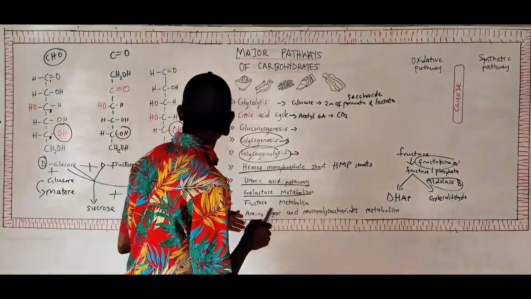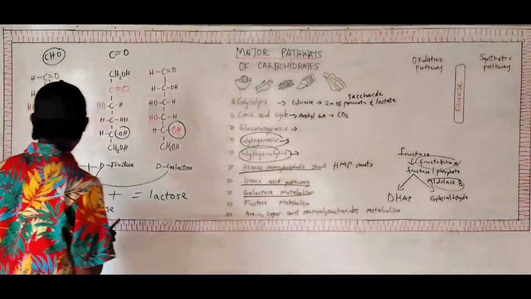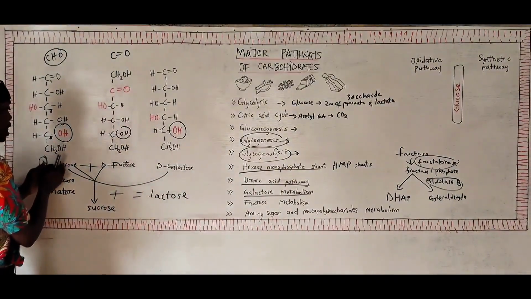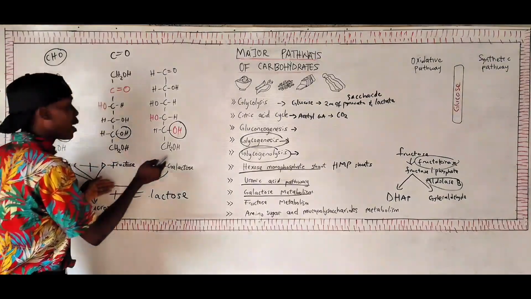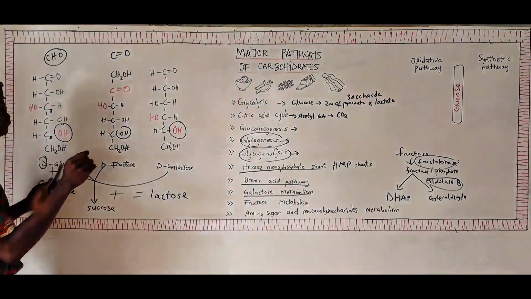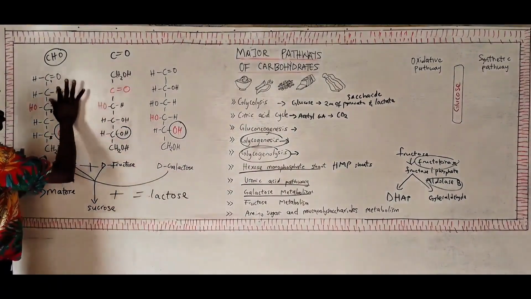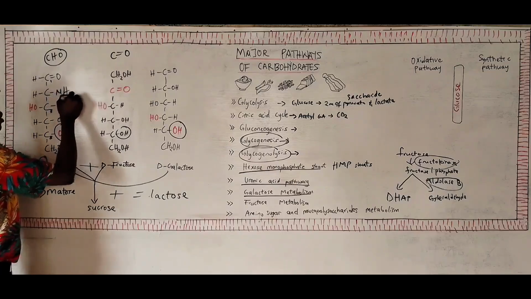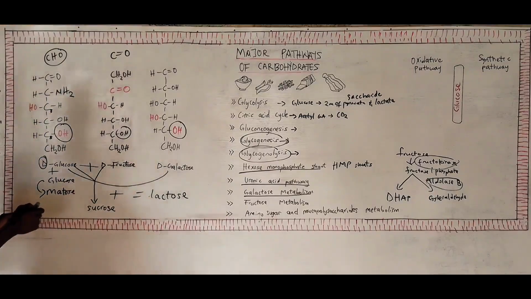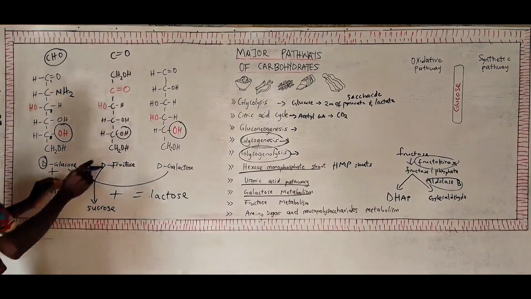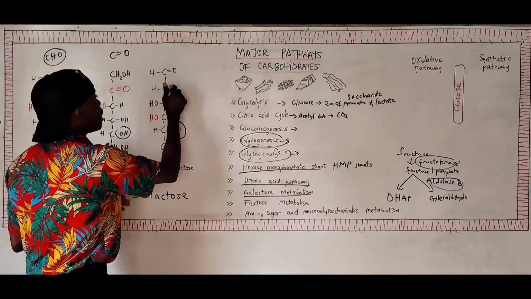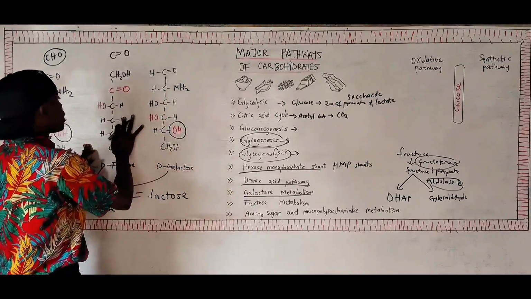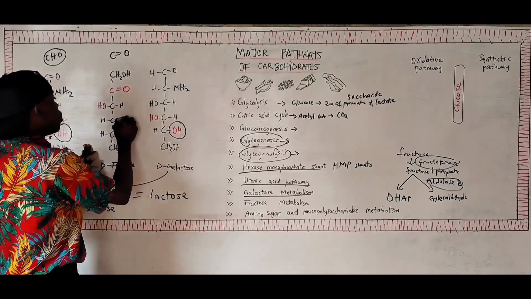So look at it. An amino sugar is a monosaccharide. It can be glucose, fructose, or galactose. If we decide to change one of the hydroxyl groups to an amino group, then we are going to get an amino sugar.